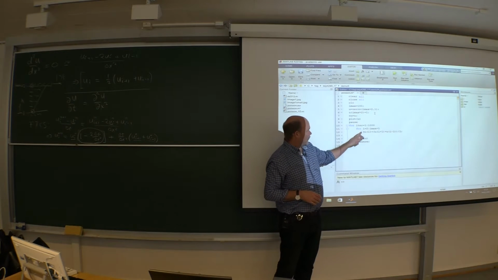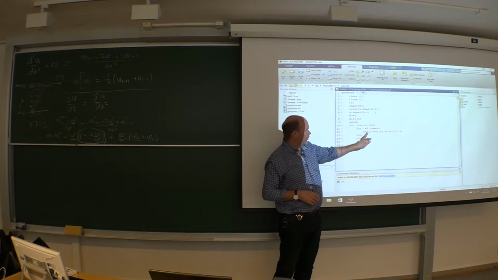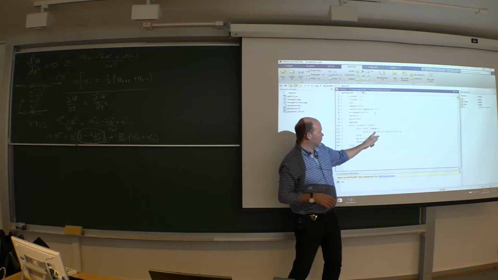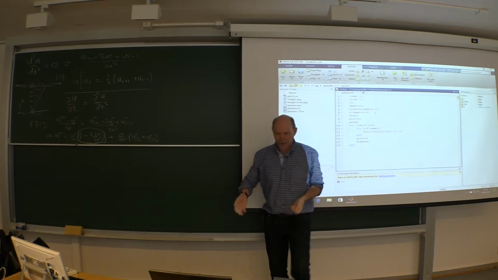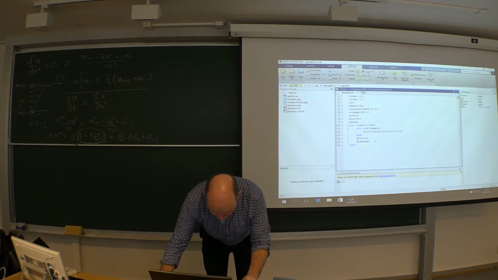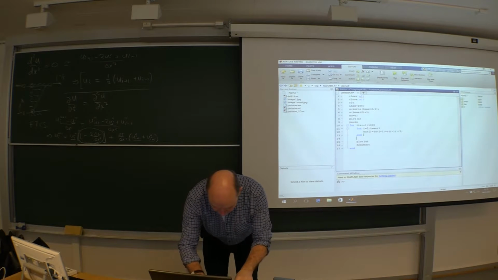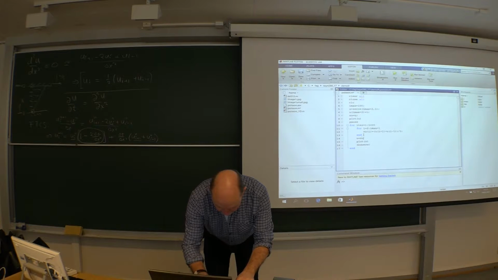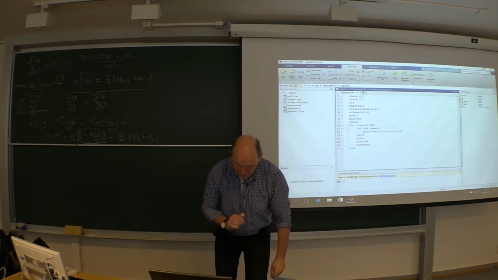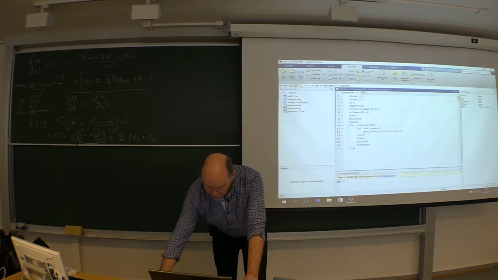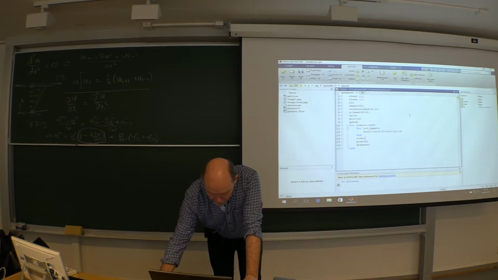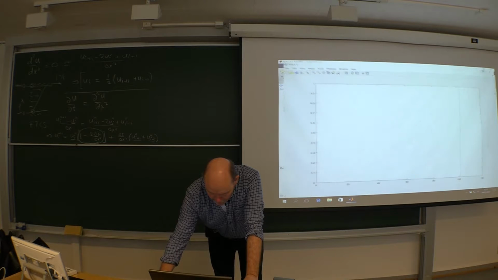And then after finding all the new ones based on just the previous values, I can update everything in one swoop by writing here u equals new u. Now I only use old values. So let's try to run that one instead and see if it helps.